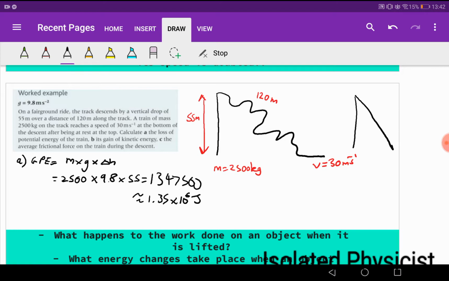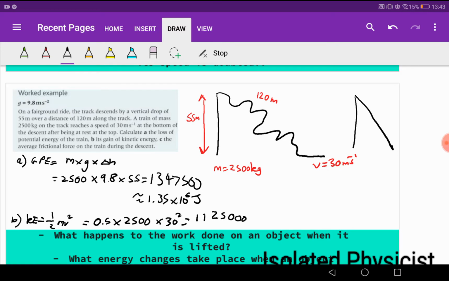Now, how much of that is being turned into kinetic energy? Well, kinetic energy is a half mv squared, which is 0.5 times 2,500 times 30 squared. And that's 1,125,000.